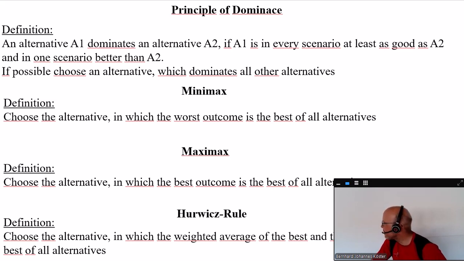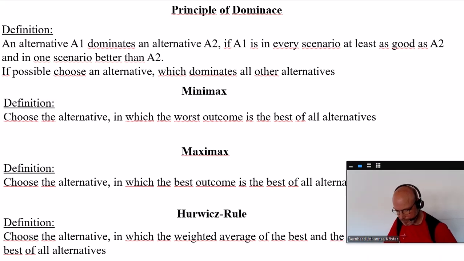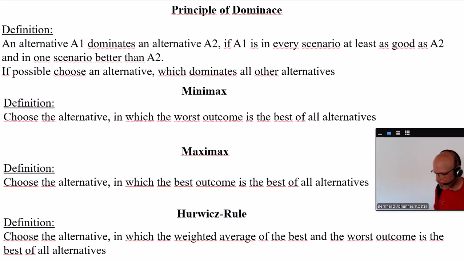And the other way around, Maximax, I look only at the best outcomes. And again, if this is my focus, then I just pick the maximum value of all maximas.